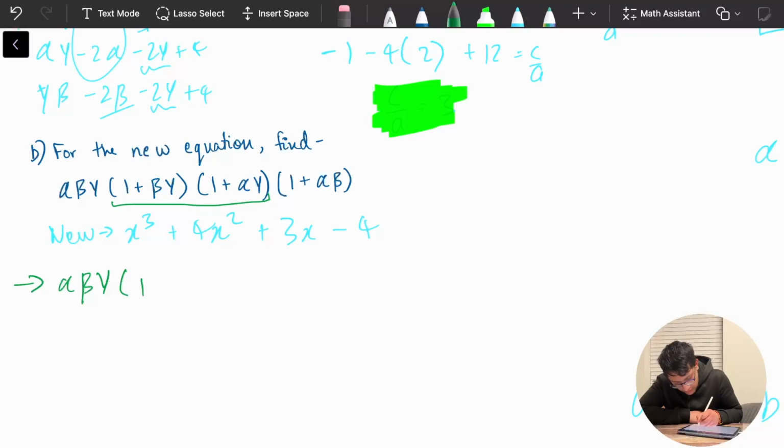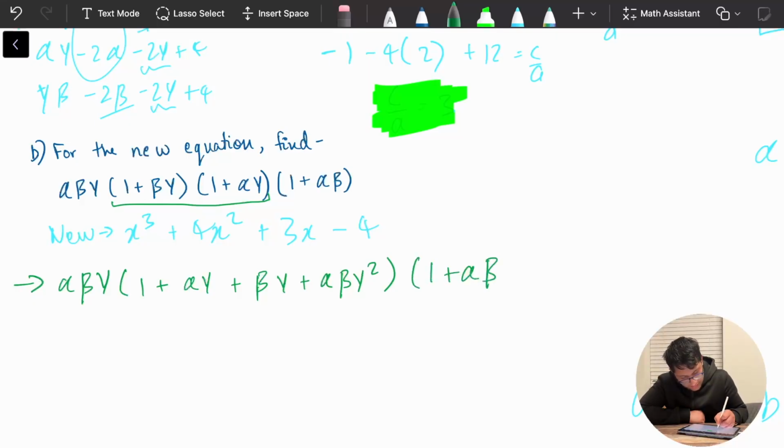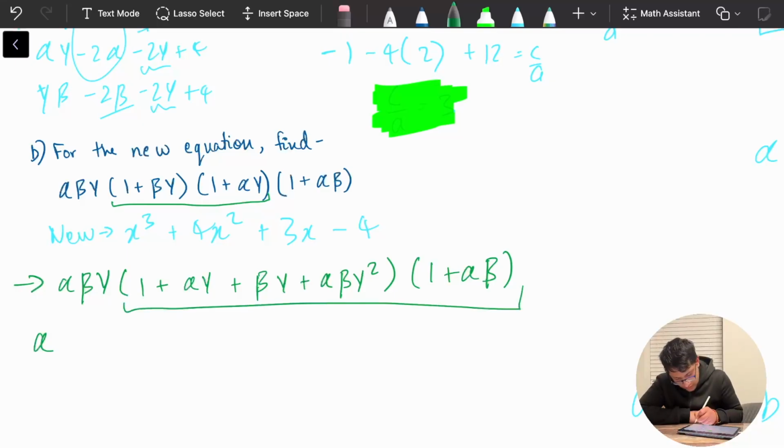So I will get 1 plus alpha gamma plus beta gamma plus alpha beta gamma squared, right? And then this is alpha beta times again. So timesing these two now, I will get alpha beta gamma.